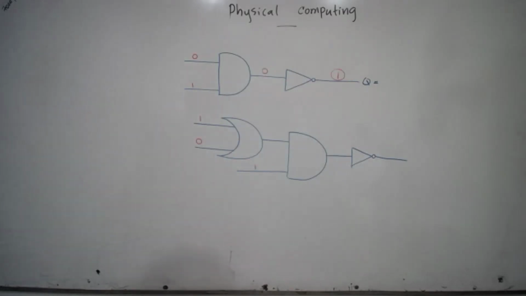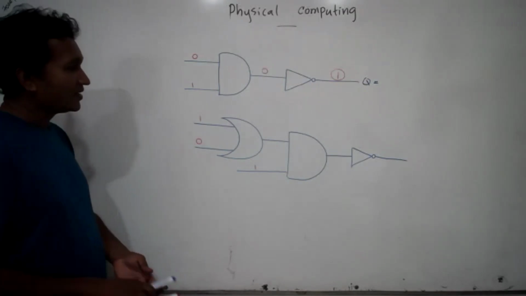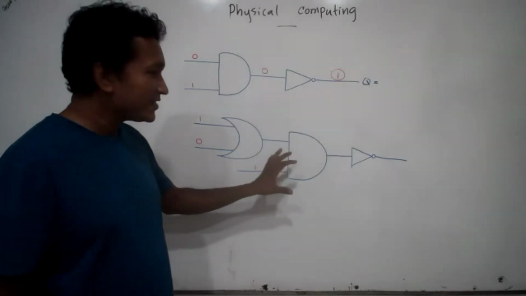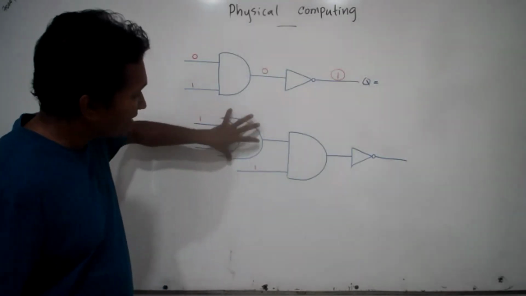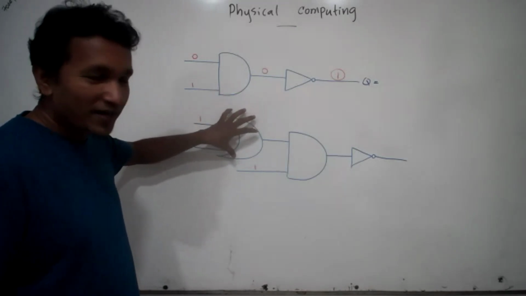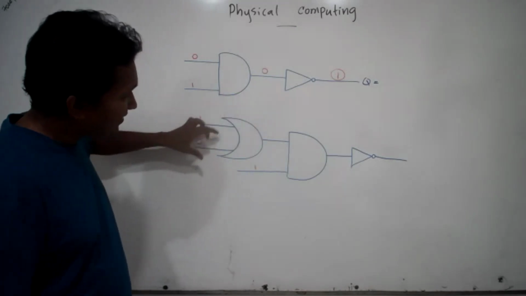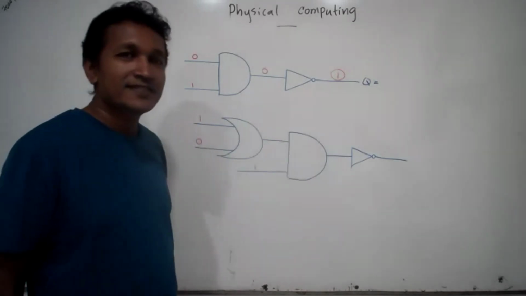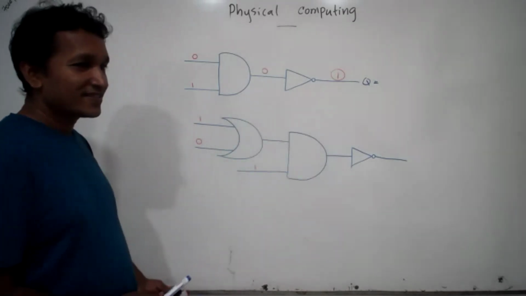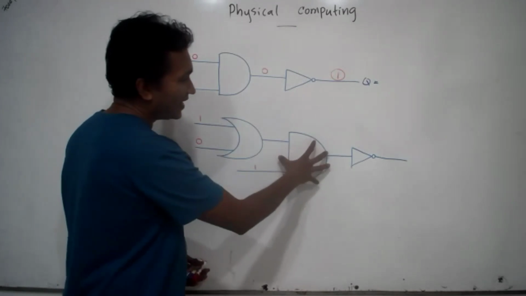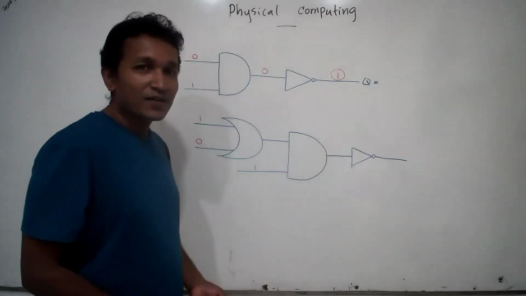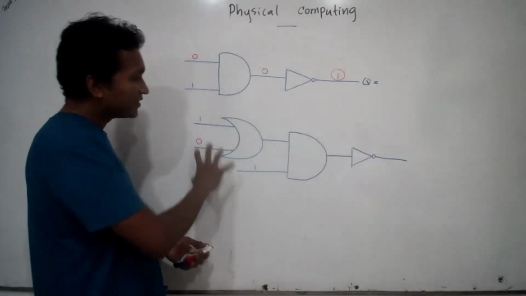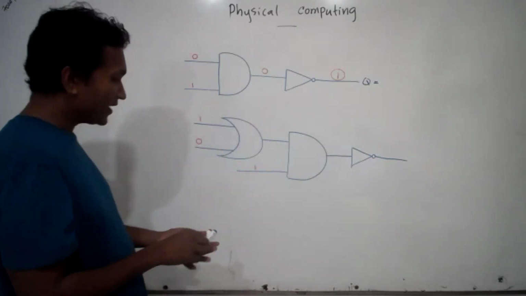Right. Okay. So there are three logic gates. One is this, an OR gate. This is an OR gate. What is this? An AND gate. And this is a NOT gate. So we see how it happens.